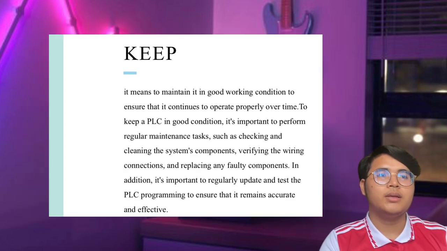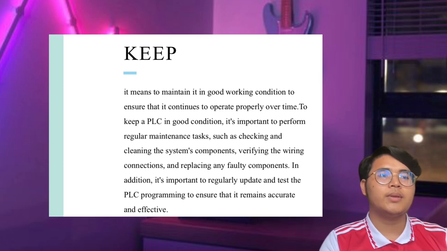Maintenance means to maintain it in good working condition so that its work continues to operate properly over time. To keep the PLC in good condition, it is important to perform regular maintenance tasks such as checking and cleaning the system components, verifying the wiring connections and replacing any faulty components.